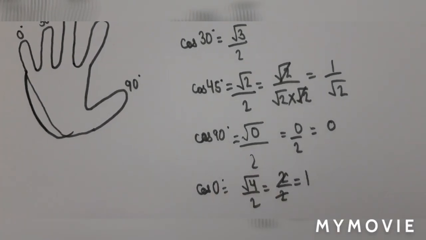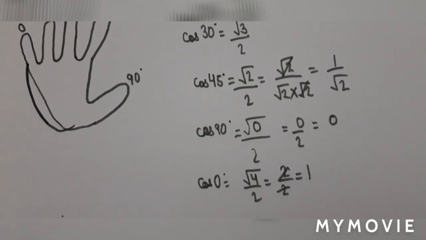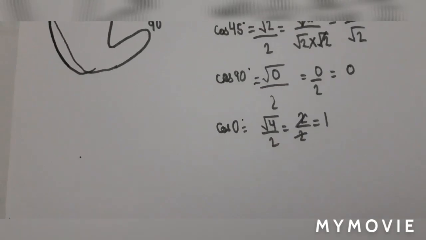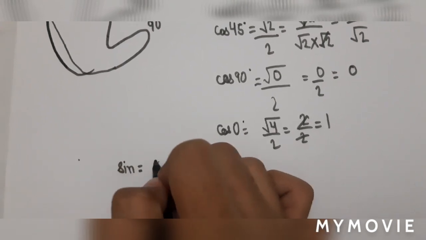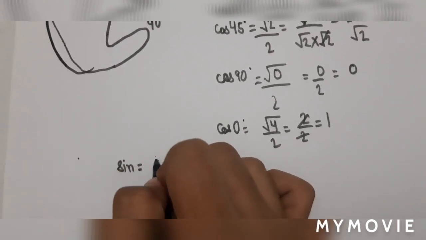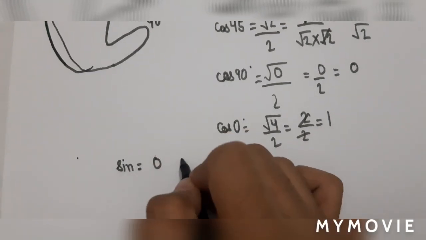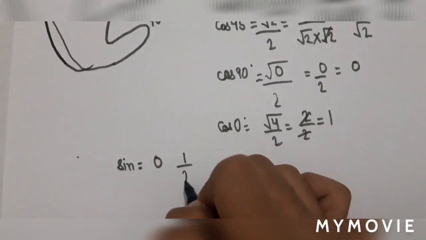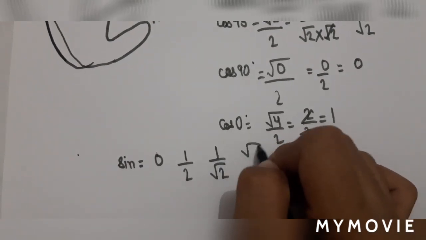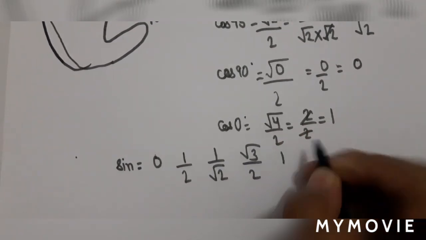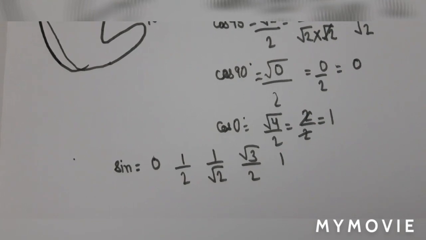See, here sine values are 0, 1 by 2, 1 by root 2, root 3 by 2 and 1. These are sine values.